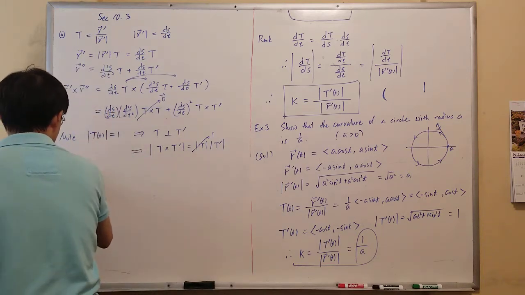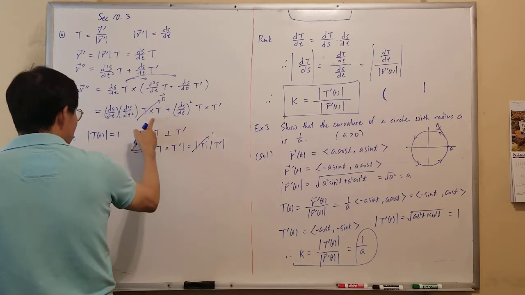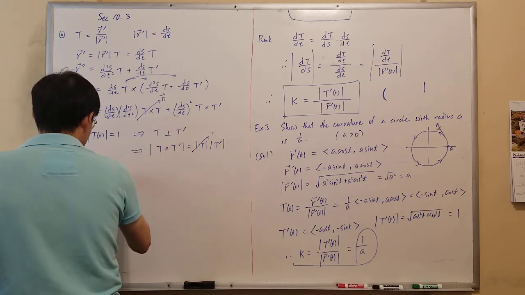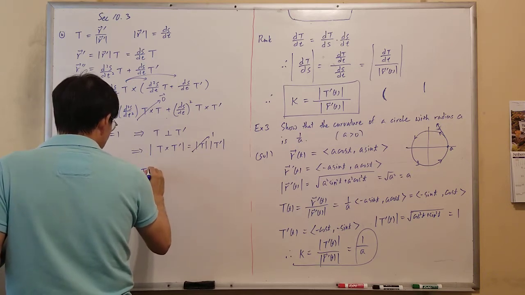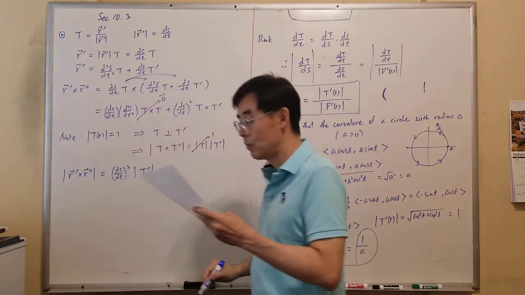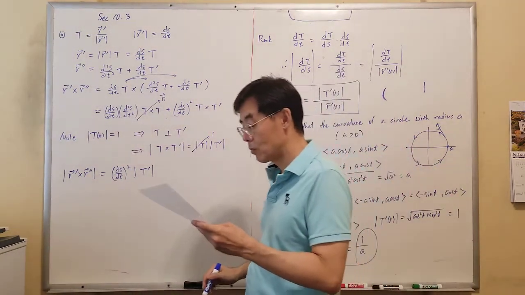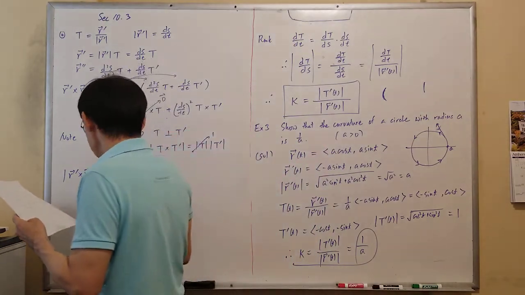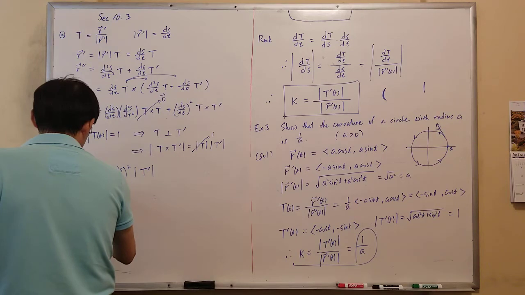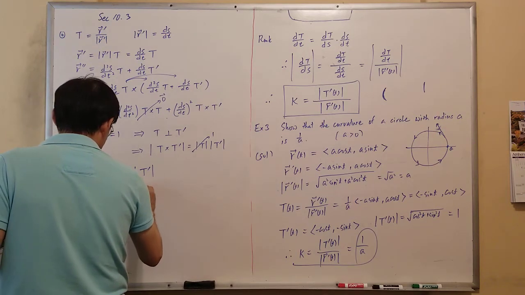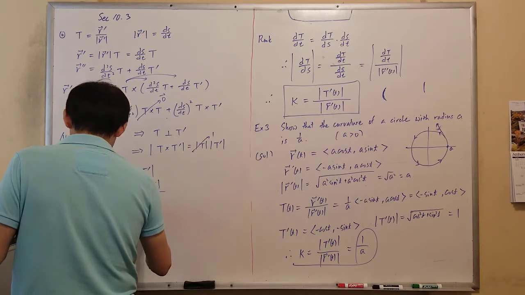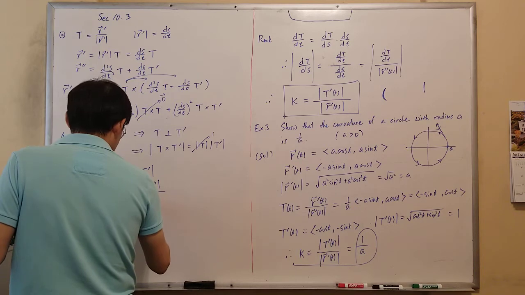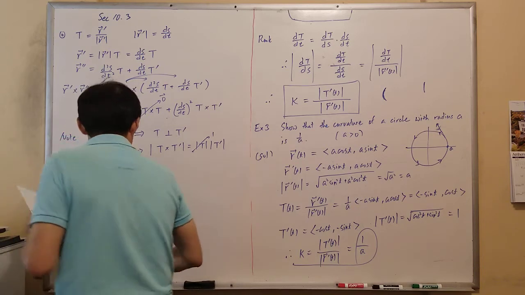So this is what we are going to do. If we take the magnitude of r prime cross product r double prime, the first term is 0, and we get the absolute value of (ds/dt) squared times the magnitude of T prime. Okay? Therefore, the magnitude of T prime is the magnitude of r prime cross r double prime over (ds/dt) squared.